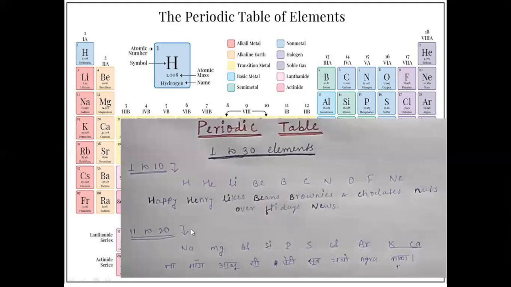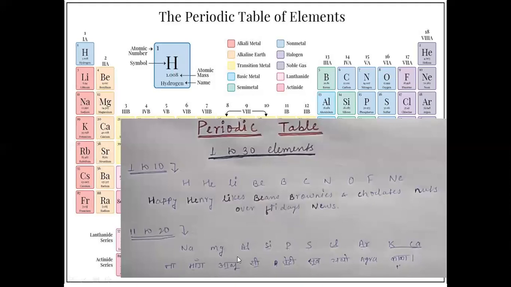Then for 11 to 20, I remember sodium, Na, magnesium, Mg, aluminium, Al, silicon, Si, phosphorus, sulphur, chlorine, argon, Ar, potassium and calcium, K and Ca.